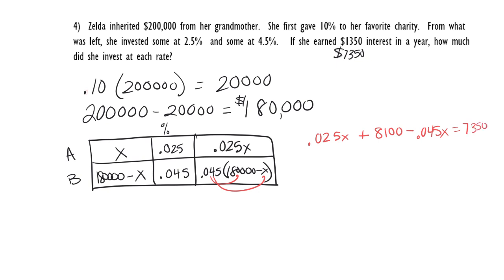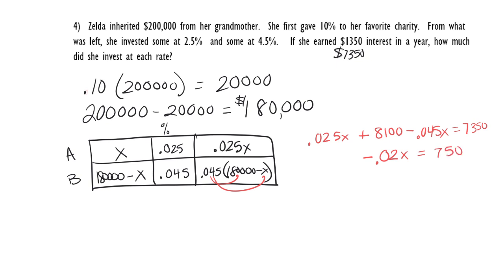All right, so I've got some like terms. Let's just solve this little linear equation. The 0.025 and the negative 0.045, that would get me a negative 0.02x. And when I take my 7,350, subtract 8,100, that'd be $750.